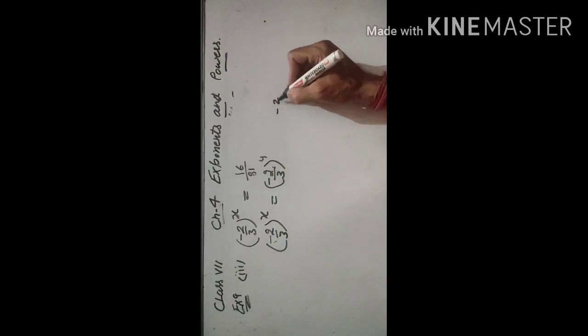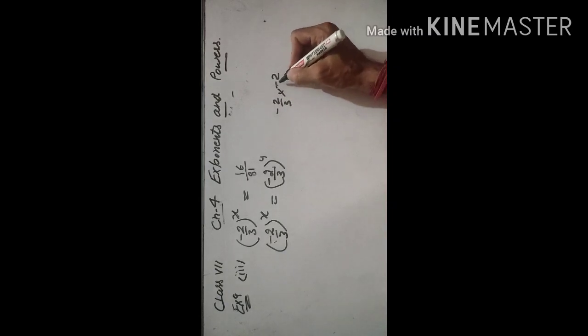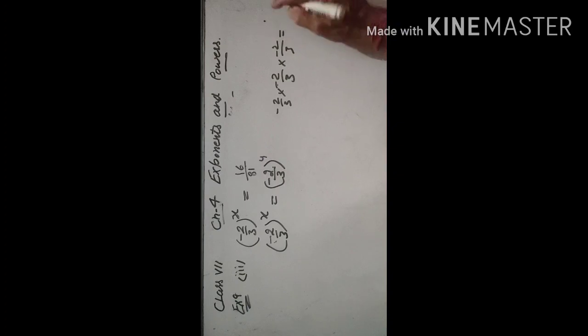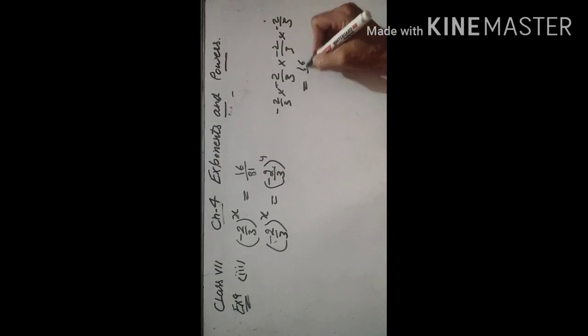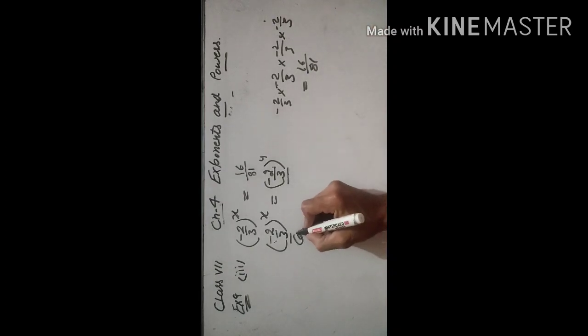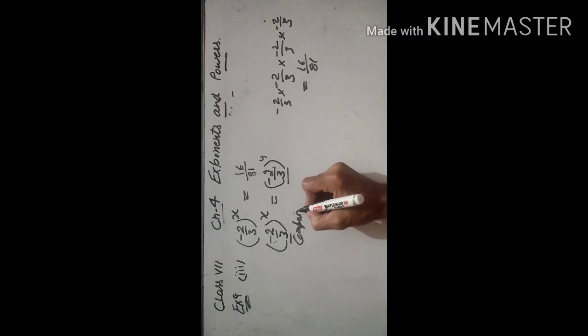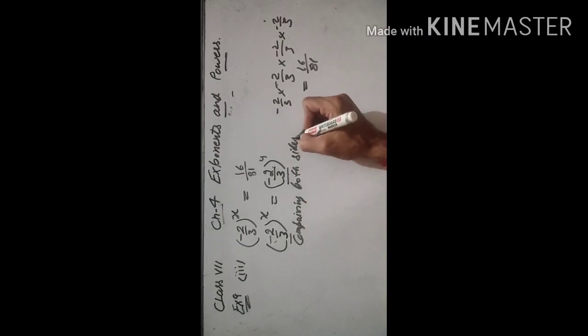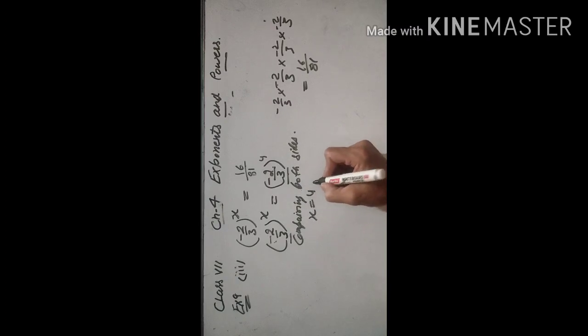If we multiply minus 2 by 3 four times, power is even, so answer is positive. Answer is 16 by 81 itself. So base is same, comparing both sides. Therefore x is equal to 4.